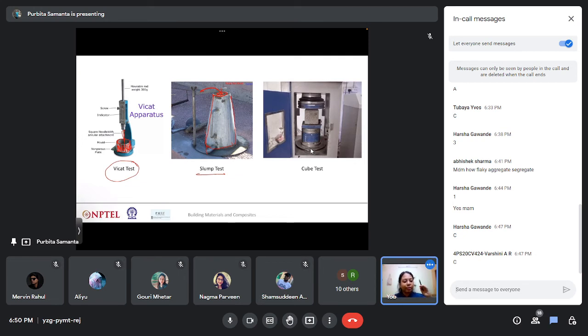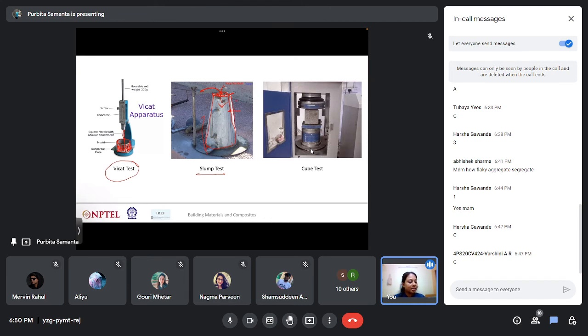Generally, you fill one third at first, then compact it with a rod, then fill the second third and compact it again, and then finally fill the last third and compact it further. Then you slowly remove the truncated cone, and you check the height of the slump.